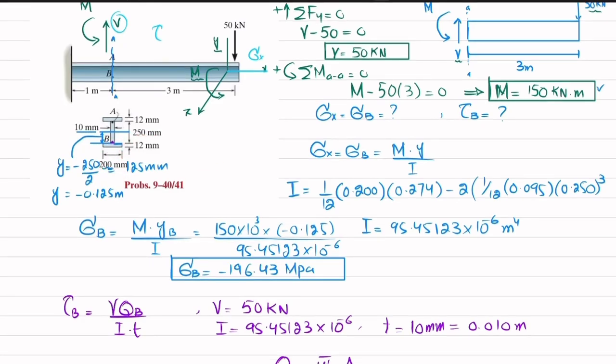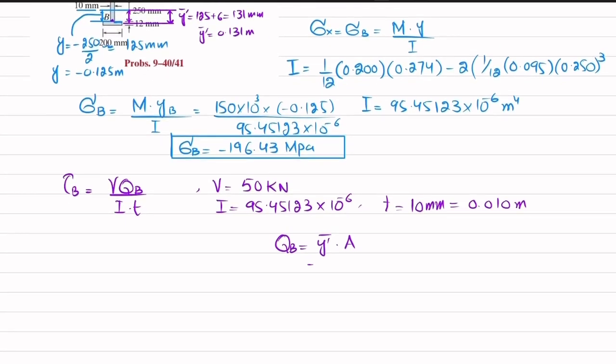Y dash bar is the distance from neutral axis till the mid of this section. That is equal to 125 plus 12 divided by 2, which is 6. So 125 plus 6 is equal to 131 millimeter, and in meter Y dash bar is 0.131 meter.